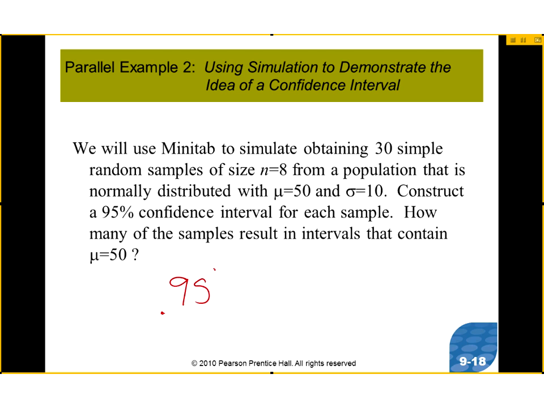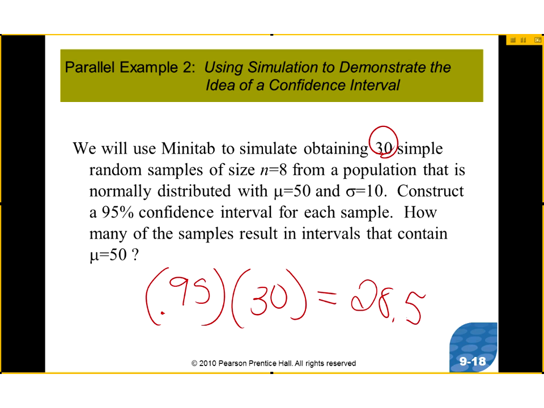So if I said 0.95 and they did 30 samples, well, 0.95 times 30, and I'm going to use the calculator on my other computer because you guys could all just put this into your calculator, means that how many confidence intervals should actually contain the true mean is about 28.5. Now here's what's going to happen. We're not going to get 28.5 because you can't get half. It's either going to have the true mean or it's not going to have the true mean.